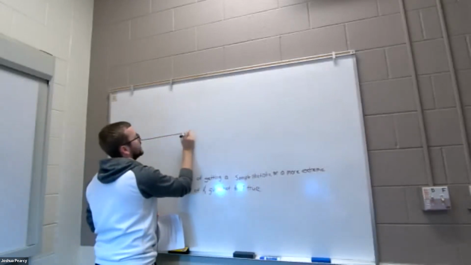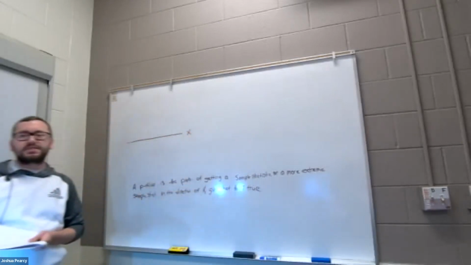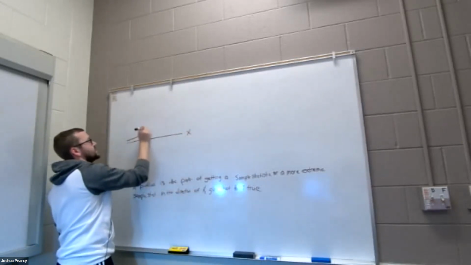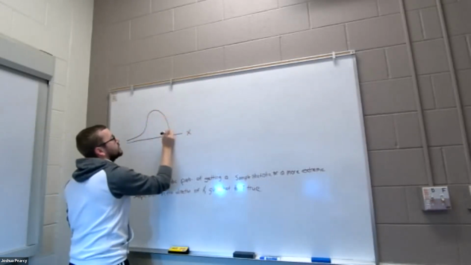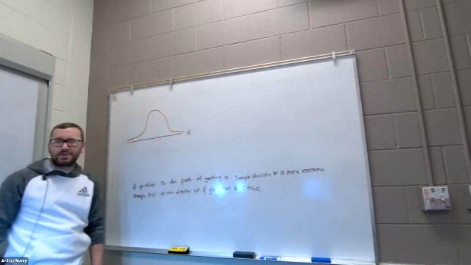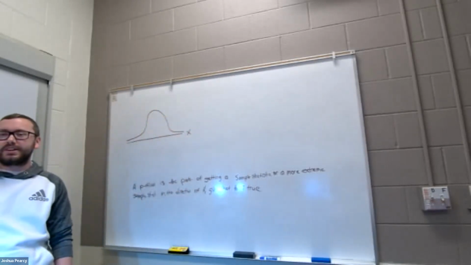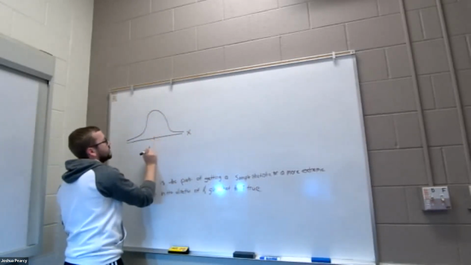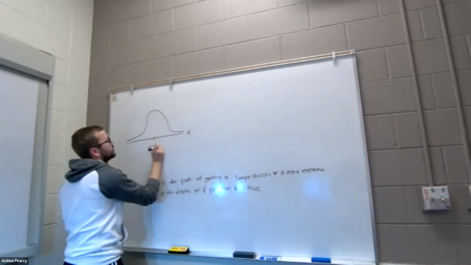Say here we have the distribution of X, which is the GPA of all OSU students, and we say it's going to be approximately normal. Under the null hypothesis, what is the hypothesized mean GPA? In the middle here, we have mu equal to 3.0, right?